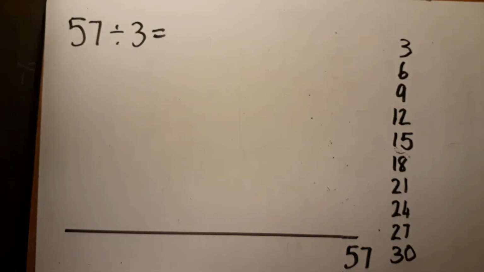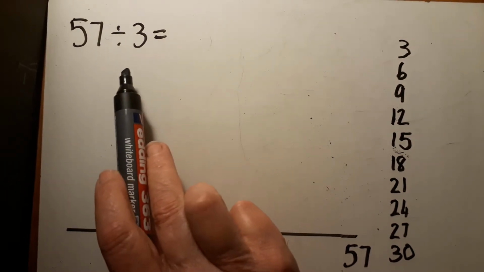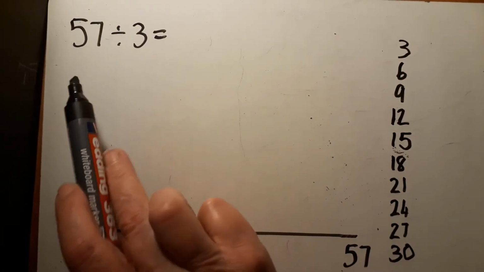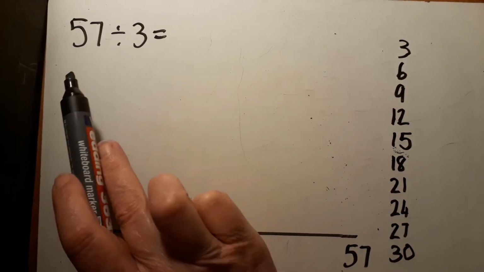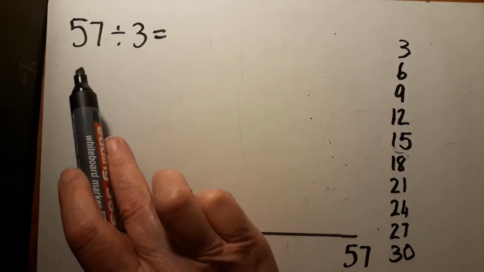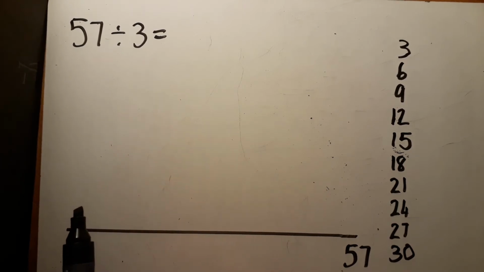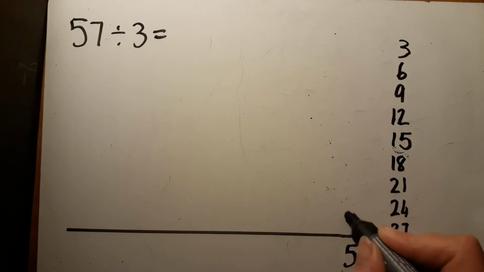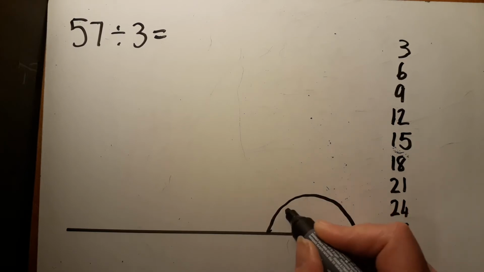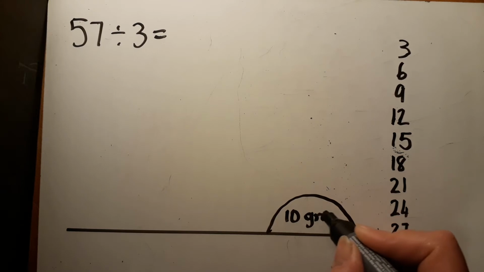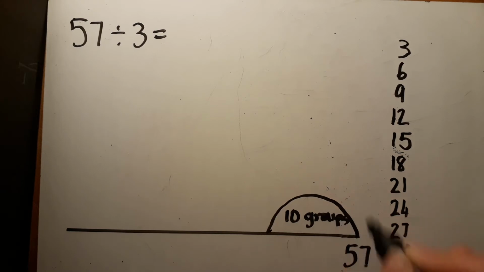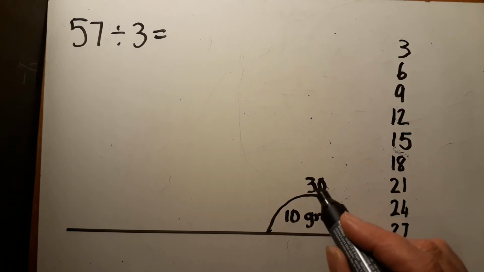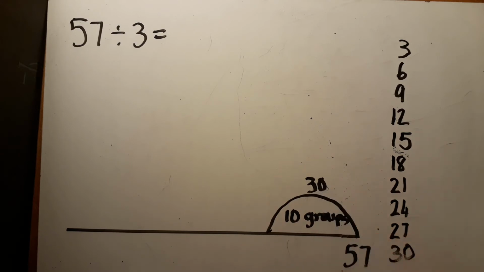Now 4b is 57 divided by 3, so 57 is outside of our 3 times table, but we need to use our understanding of our 3 times table to help us. So I'm going to start by taking 10 groups of 3 away from 57. 10 groups of 3 is 30, and 30 is made of 3 groups of 10, so I subtract 3 groups of 10 from 57.